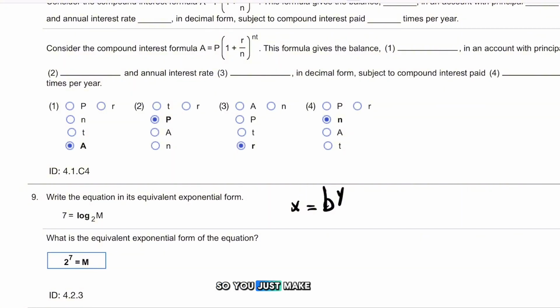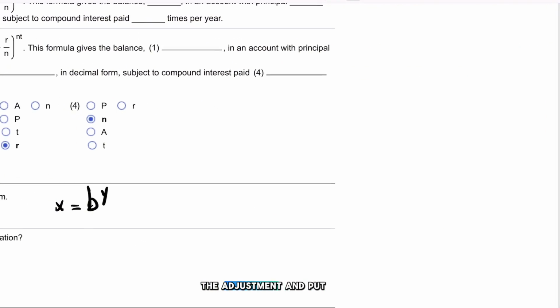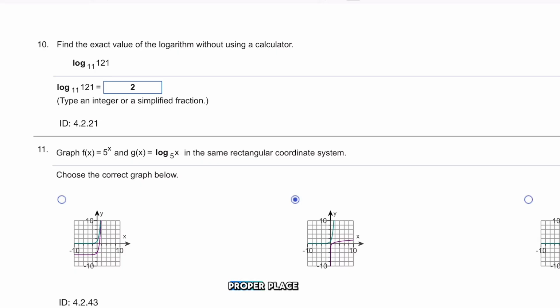So you just make the adjustment and put the things in the proper place. This one, you have to think to yourself, what do you take 11 to get 121? And that's 11 to the second power.